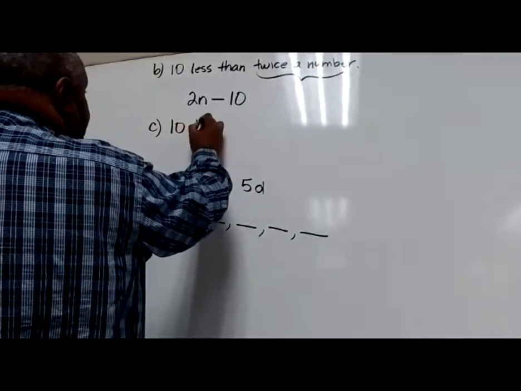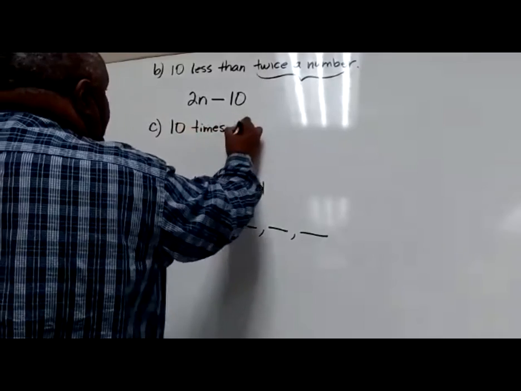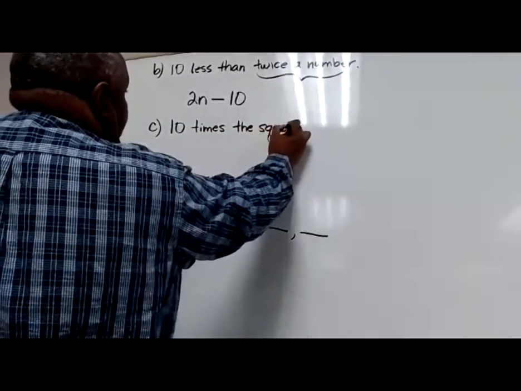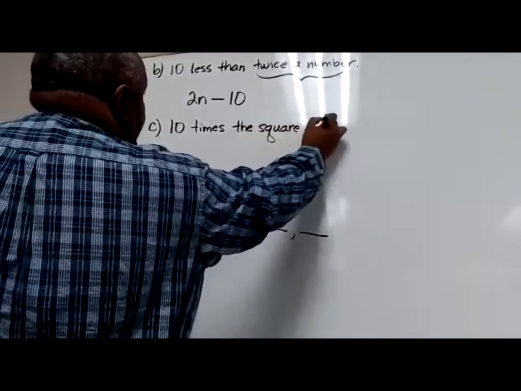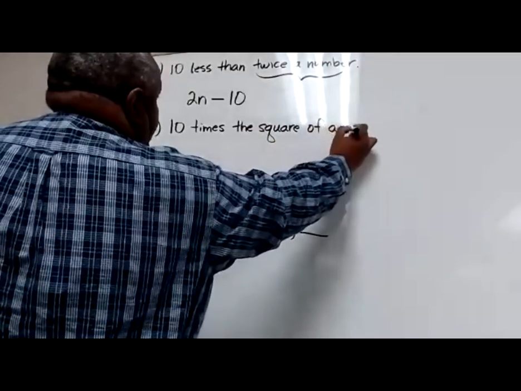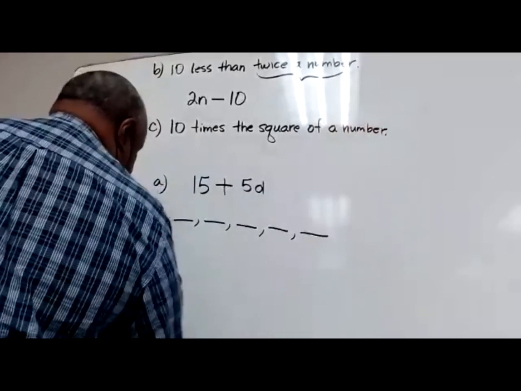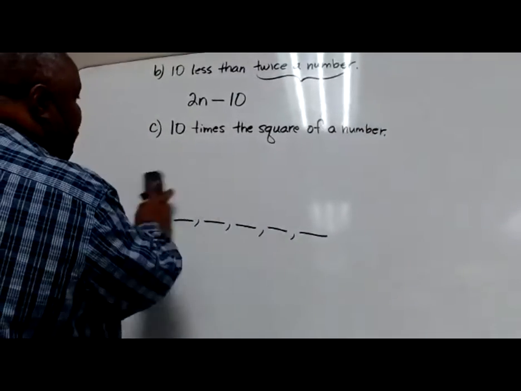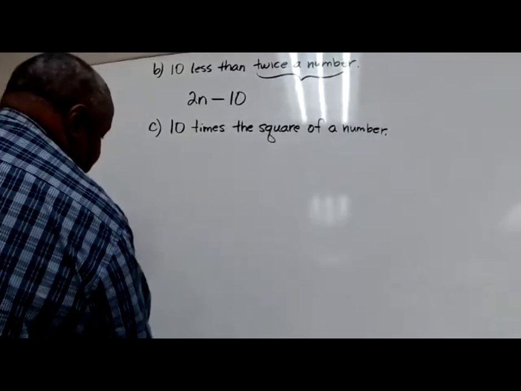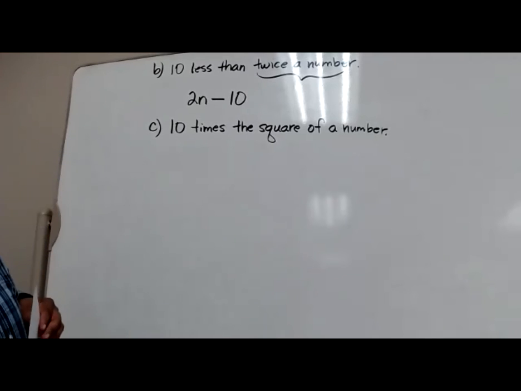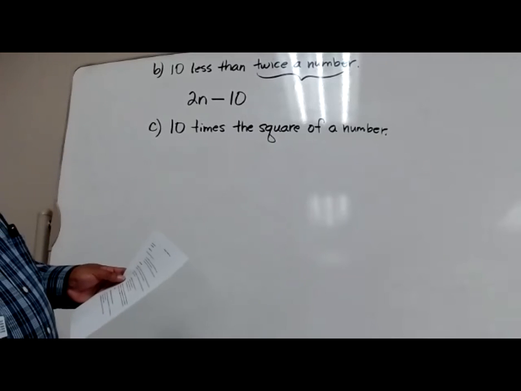Okay, part C is 10 times the square of a number. Ten times the square of a number.